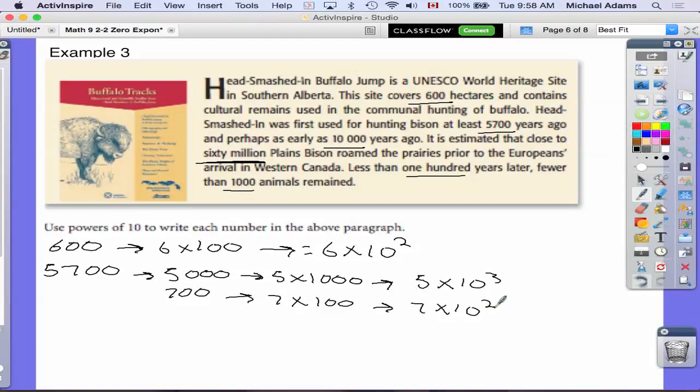But am I done yet? What's left to do? I have to add these two numbers together. So 5,700 would look like this: 5 times 10 to the exponent 3 plus 7 times 10 to the exponent 2.